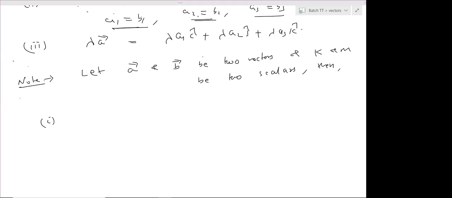All right, next one is if A and B are two vectors and k and m are two scalars, then what we can say: if they have given k times A vector plus m times A vector, then you can take this common, (k plus m) A vector.